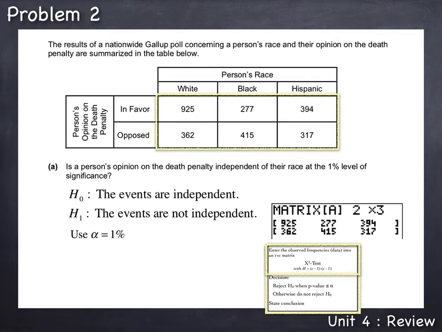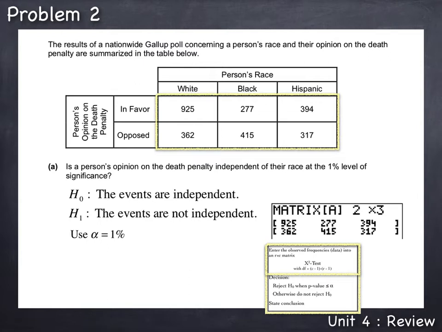Now that we have our matrix set up as a 2 by 3 matrix to represent the 2 numbers down and the 3 numbers across in our table, we can enter the data values into the matrix in our calculator. The blinking cursor always begins at the upper left-hand corner. We enter the data from the top row down, working left to right across the rows.